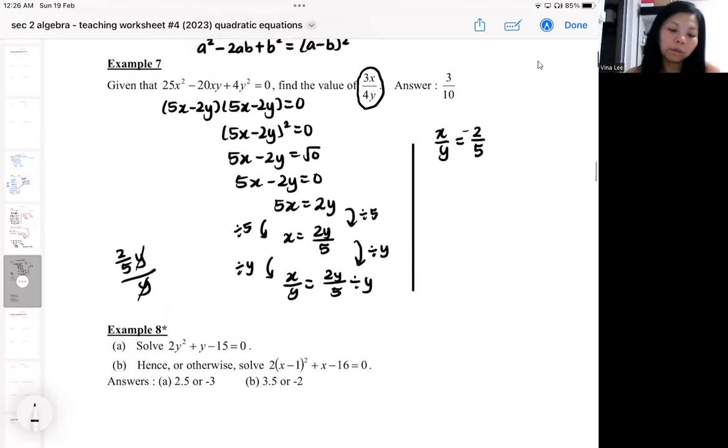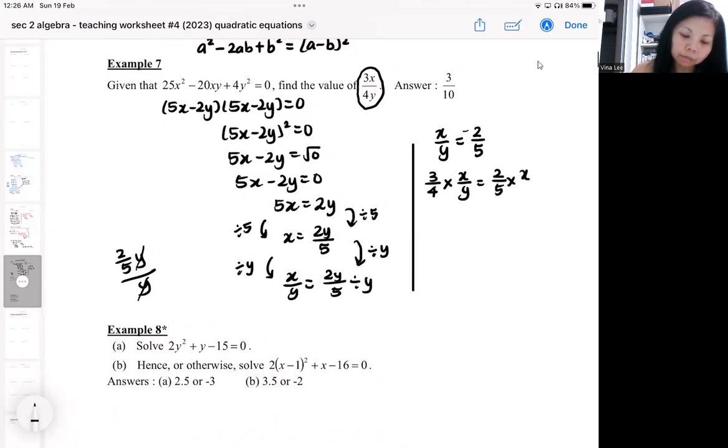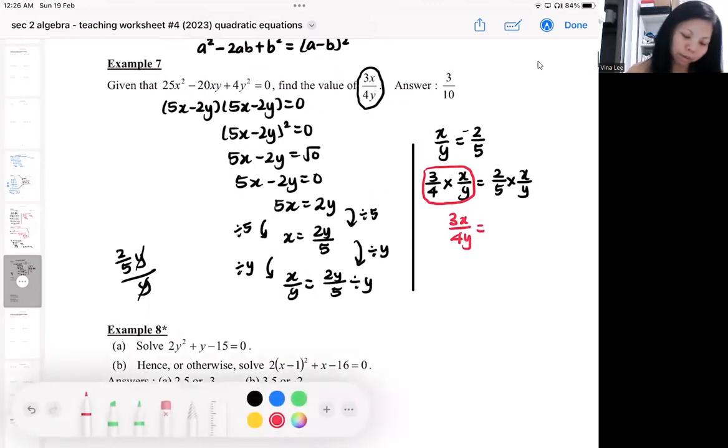And what about the coefficient 3 over 4? Sorry, I wrote this one wrongly.